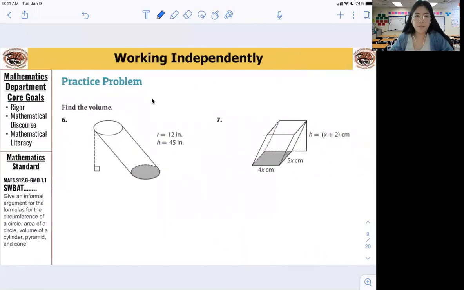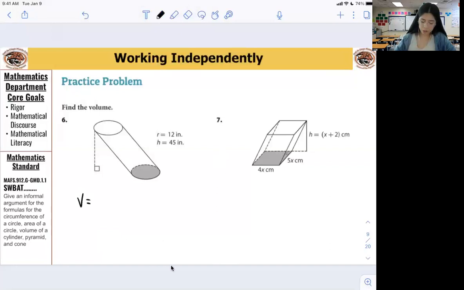All right. So with that in mind, let's do a few practice problems, starting with the first one. Remember, the volume formula is going to be the same. We're still using the same formula because the volume is not going to change. So what would be the volume formula for this first one? Good.